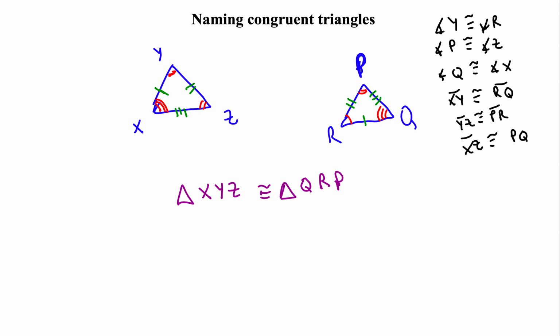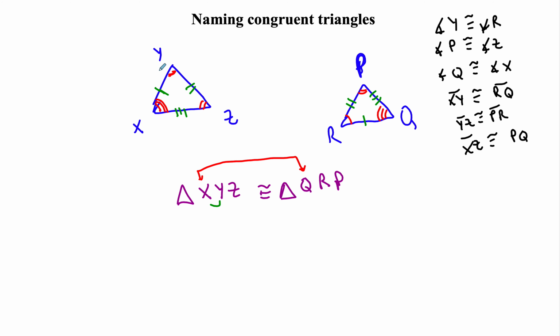But the key thing here is that this angle in the first place must be the one that is congruent to the first angle here. So once you've set this order, the second order gets set. So X and Q, right? X matches Q, Y matches up with R, and then Z matches up with P. Now it also conveniently enough works out for sides.